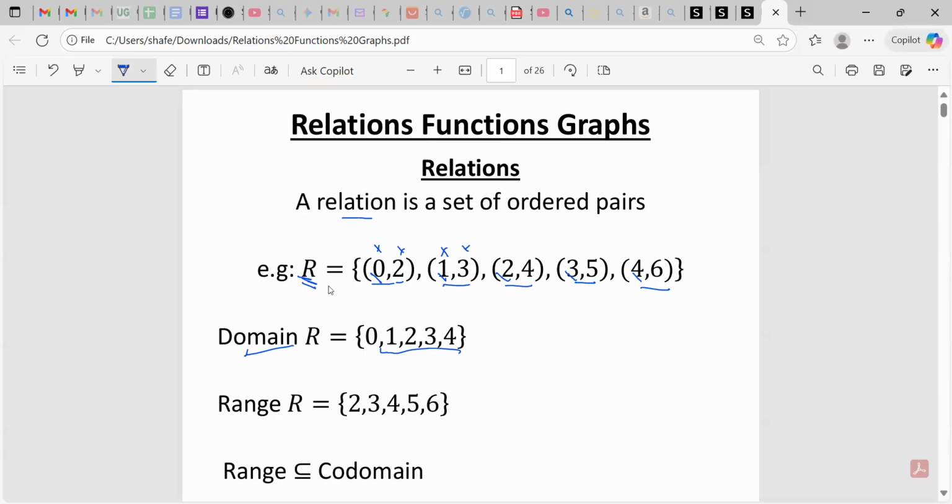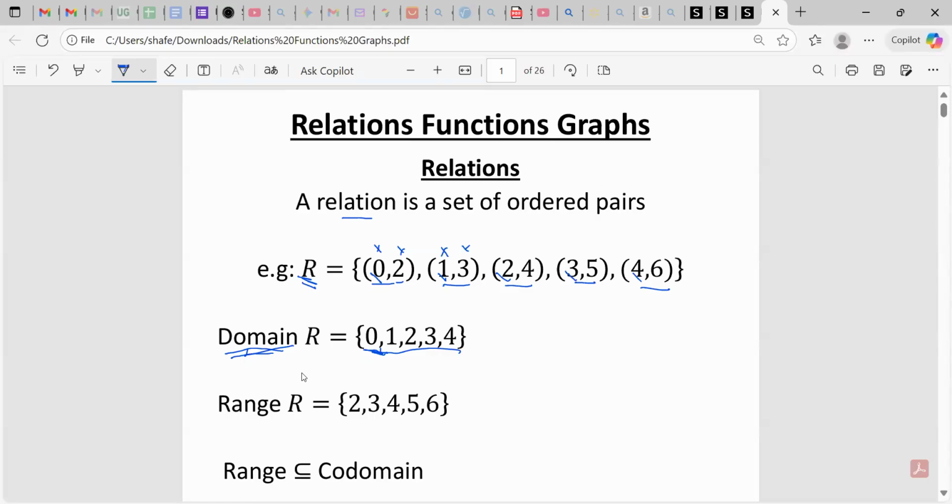Good. But what I'm doing now, I'm extracting the first number in each pair. And these are the numbers here, right? And there's a name for that, that set is called the domain of R. The domain. And later on, you're going to learn that that is the input. You put in that number, right?